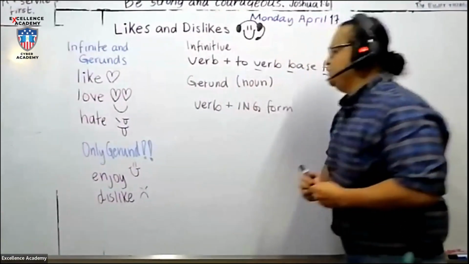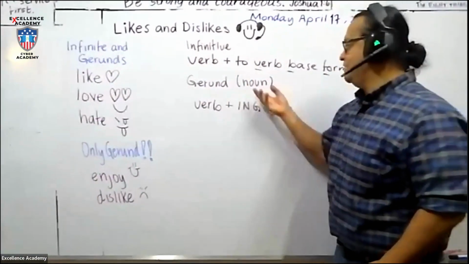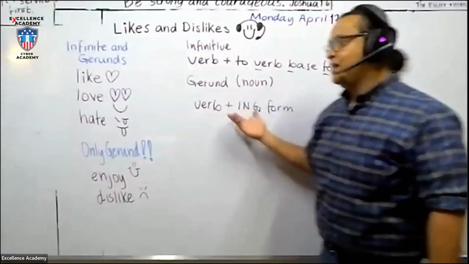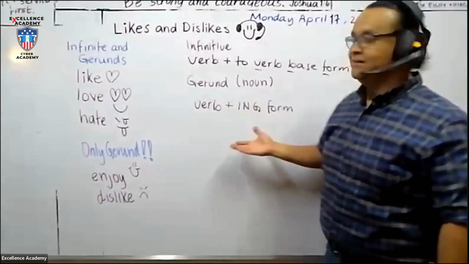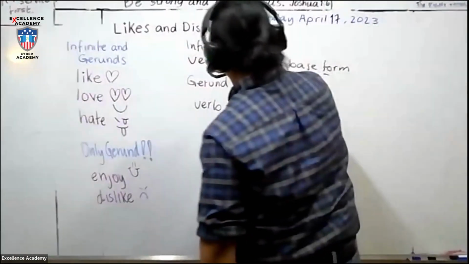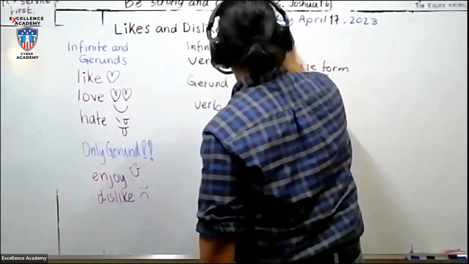So for example, you say, I like cooking. The cooking is not actually a verb, it's a noun. I enjoy walking. So walking is not actually a verb, it's a noun, you know? So that's what gerunds have, while an infinitive is a verb that has no tense. Okay? It's a verb with no tense.